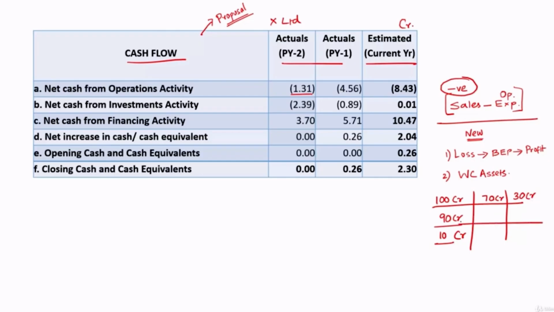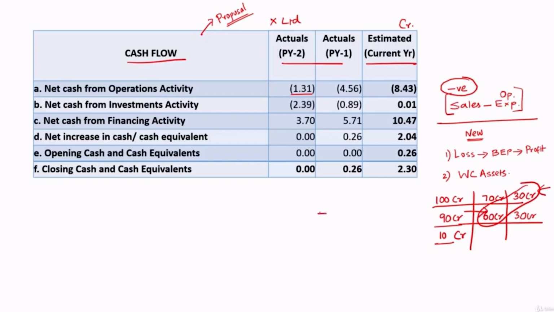Out of 90 crore expenses, let's say they have already paid 60 crore. It means what is yet to be paid is only the balance 30 crore. But you have to see these two. This is the cash which had come in, and this is the cash which had gone out.